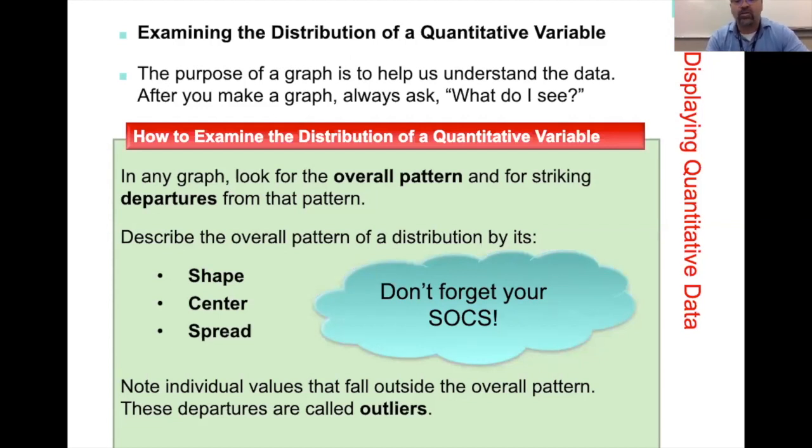The O stands for outliers. Now, there's a technical way to describe outliers that we'll get to later. Right now, we'll just say if you had a pattern that you could see in your data, and then you had one that was way outside that pattern, that would be considered an outlier. When you did your graphs a week ago now, depending on when you're viewing this, somebody in our class put down their GPA as 0.